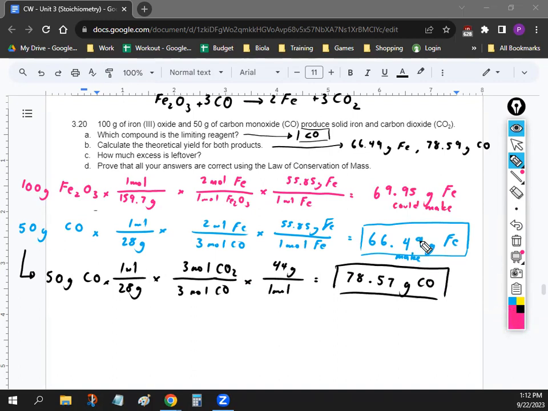And so what we can do is we can take these two values, find the difference. So 69.95 minus 66.49. Okay, and if we subtract them, we can figure out that we have 3.46 grams of iron that we did not make.